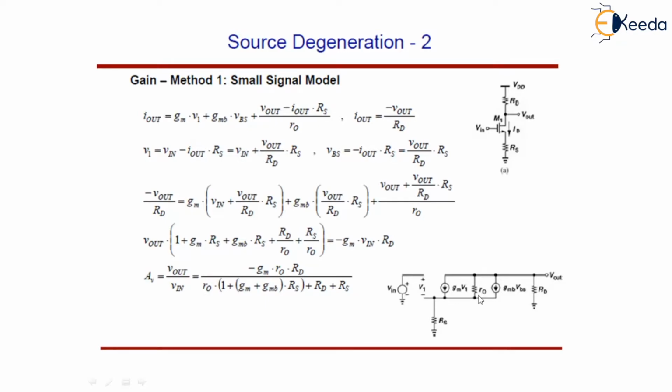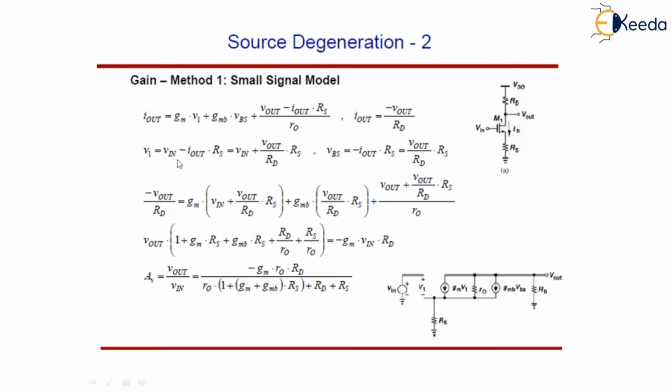So it is V_out minus I_out RS upon R0, as all the current I_out will flow in the source branch. So I_out is equal to gm V1 plus gmb VBS plus (V_out minus I_out RS) upon R0. I_out can also be given as simply the voltage drop in this branch upon RD, which can be written as minus V_out upon RD.